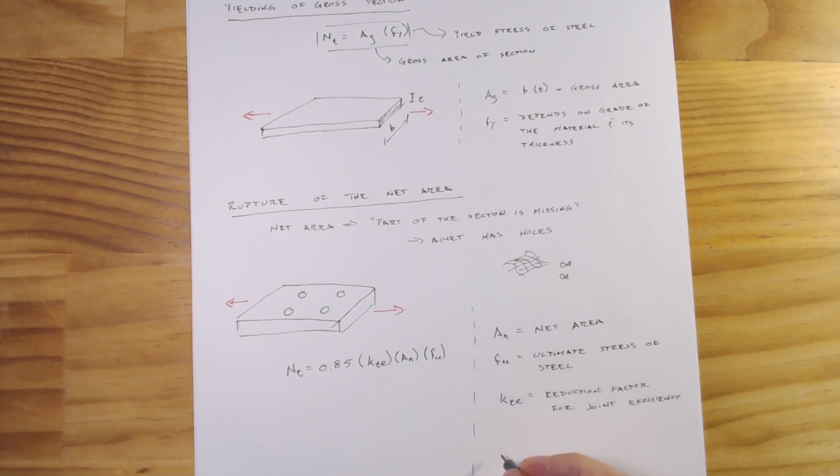And then finally, 0.85 is a factor to ensure that local brittleness isn't going to cause premature rupture.